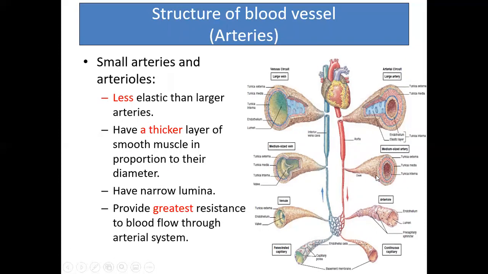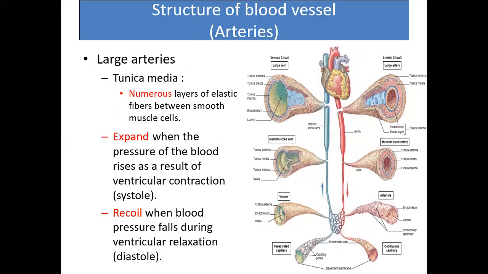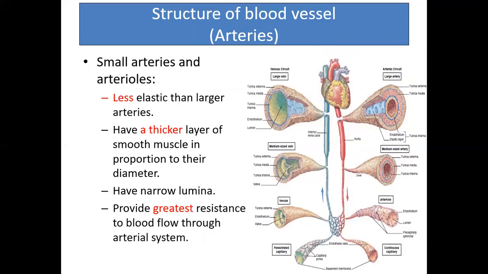Now we're going to proceed with the small artery and also the arteriole. Compared to the large artery, the small arteries and arterioles are less elastic. Just now I mentioned that the large artery can expand, but the small arteries and arterioles are less elastic compared to the large artery, and they have a thicker layer of smooth muscle in proportion to their diameter.